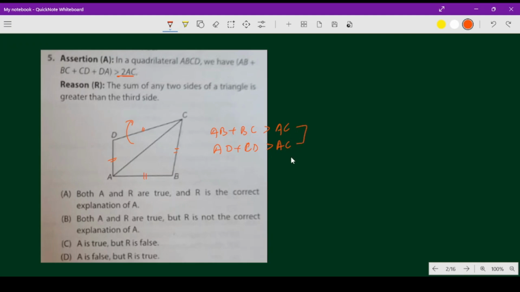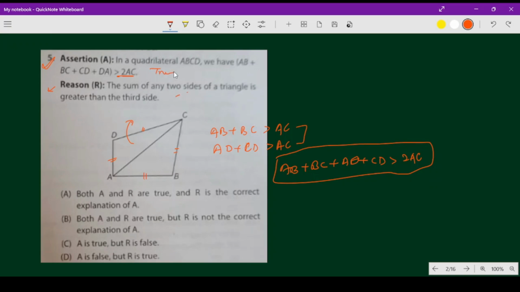By adding both of these inequalities, we find that AB plus BC plus AD plus CD is greater than 2 times AC. So this is the correct assertion. The reason they have given is that the sum of any two sides of a triangle is greater than the third side.